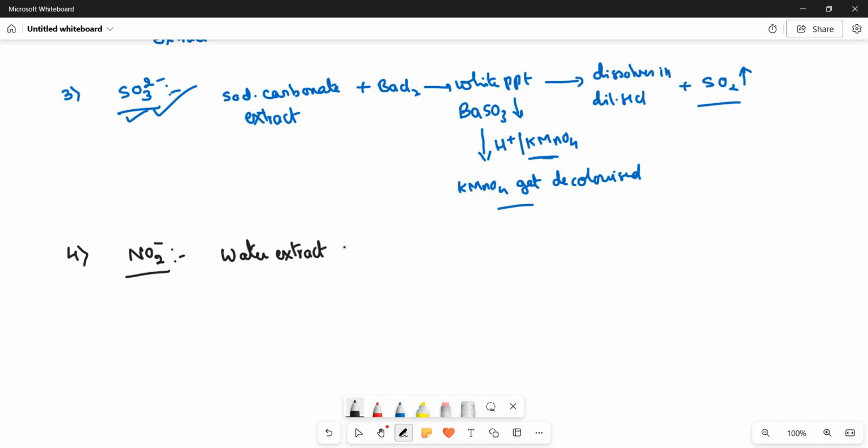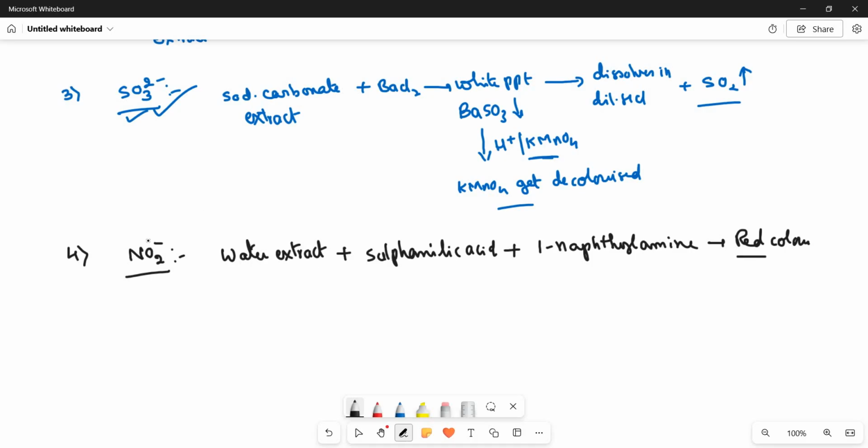To this water extract, add 2 to 3 drops of sulfanilic acid and 2 to 3 drops of 1-naphthylamine reagent. When these are added, you will get a red color. If nitrite ion is present, red color will appear. That confirms the presence of the nitrite ion.